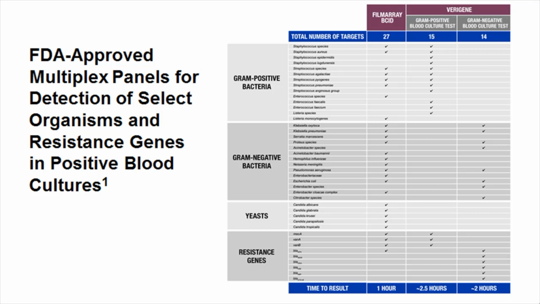The test cartridge, sample from the positive blood culture bottle, and test consumables are loaded into the processor for sample preparation and processing. The slide from the test cartridge is then placed in a Verigene Reader to yield results. The test has a hands-on time of about 5 minutes with a run time of less than 2.5 hours.